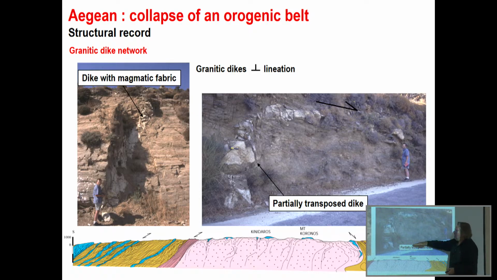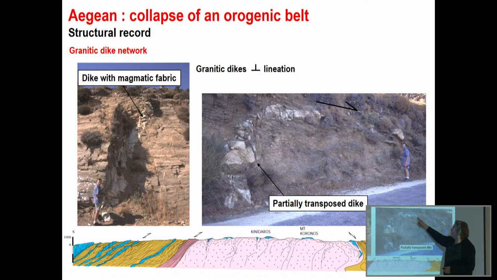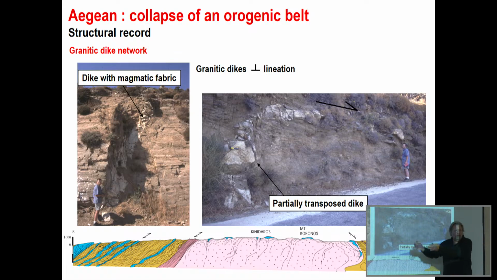So probably we have here a strain gradient, a shear gradient, or deformation, strain gradient I think is the best. And here the schematic is consistent with top to the north, which is the main kinematic recorded throughout the island.